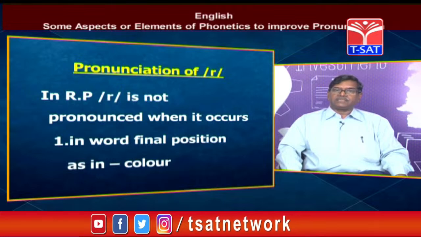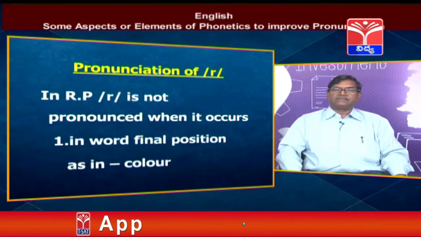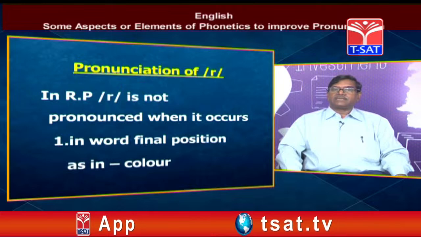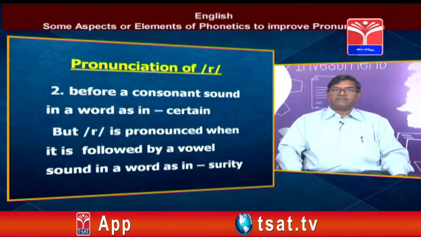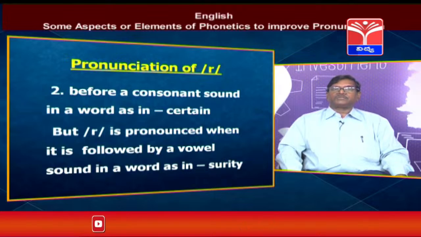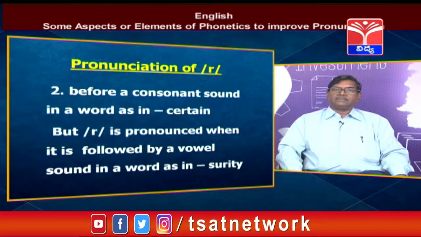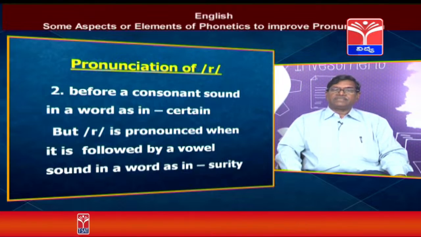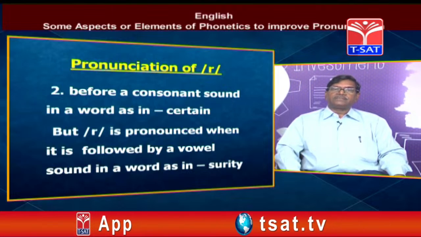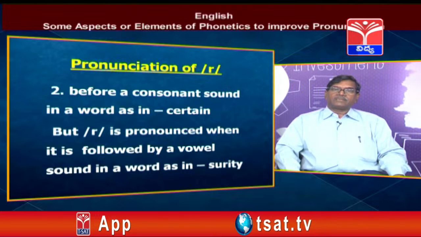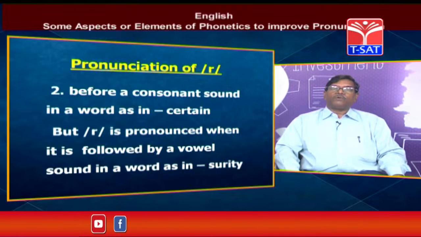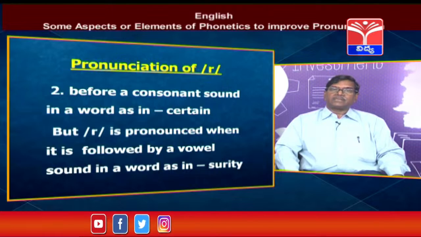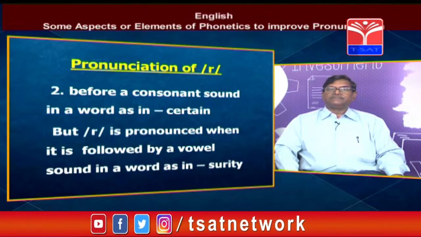R is followed by T, a consonant sound, so r is not pronounced. But r is pronounced when it is followed by a vowel sound, as in the case of surety, R-I-T-Y. R is followed by a vowel sound, so r is pronounced.